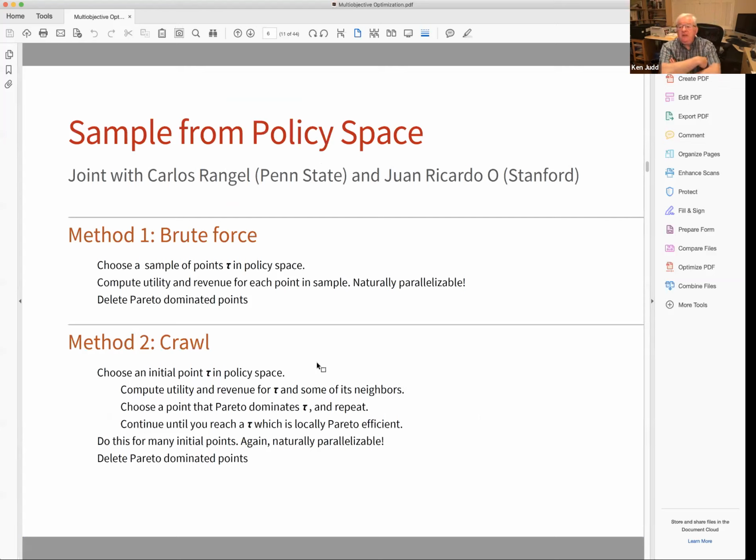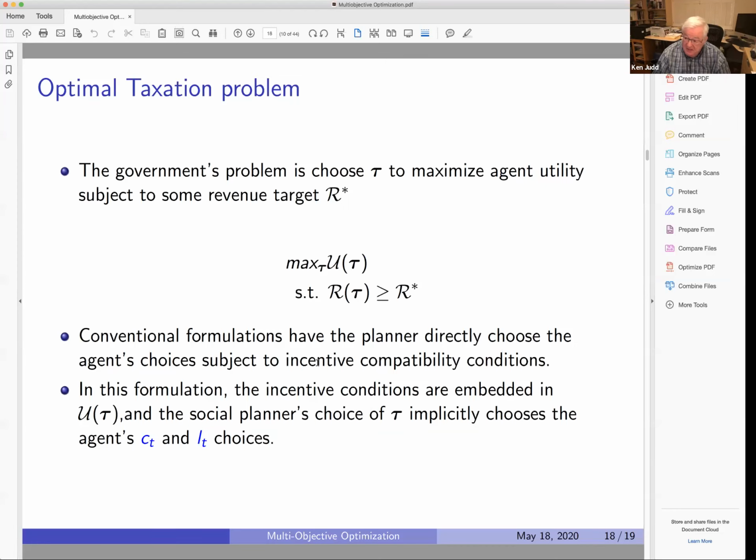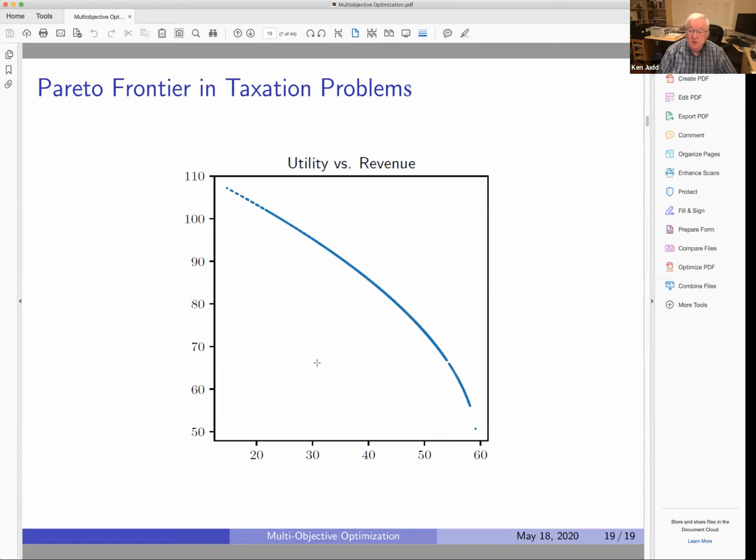So instead, what we're going to do is solve a continuum of these problems. Solving one of these things is hard. It is awful. Multiple local minima, non-convergence, all sorts of nasty stuff can happen. But I'm going to solve a continuum of them because I'm going to solve out for the Pareto frontier.